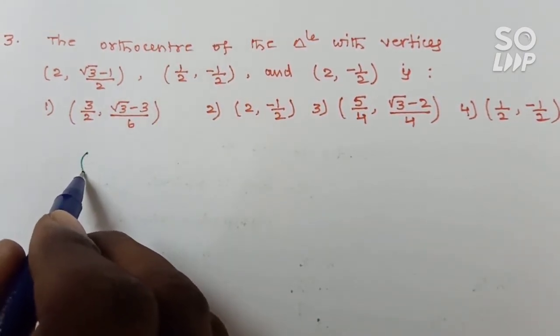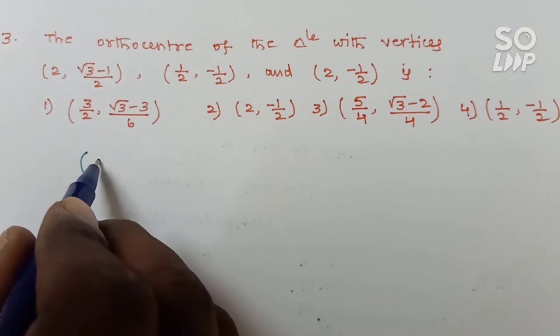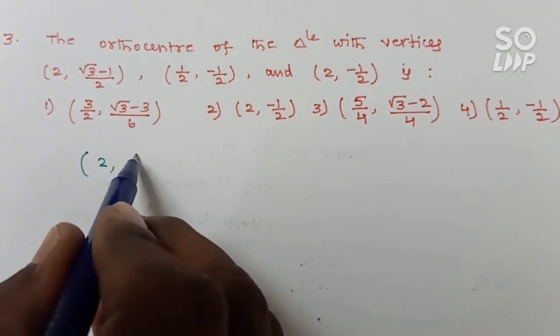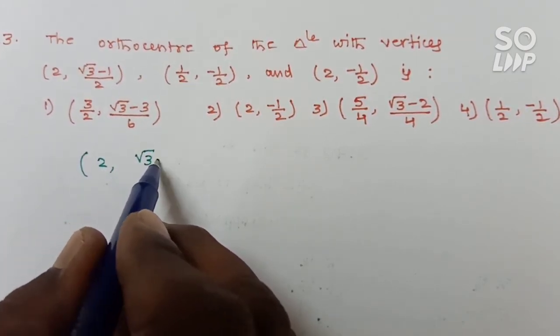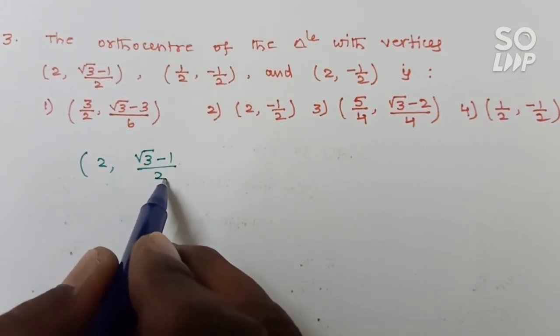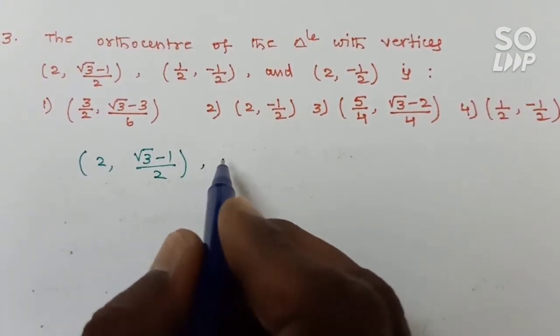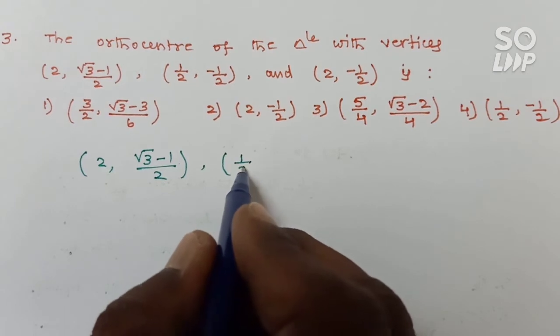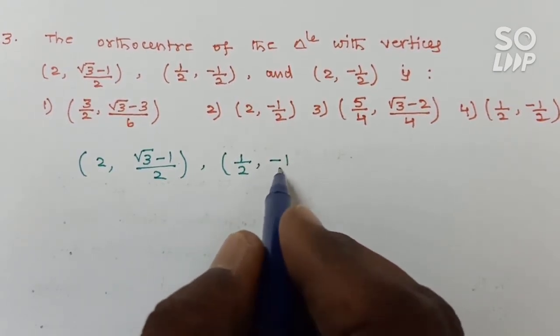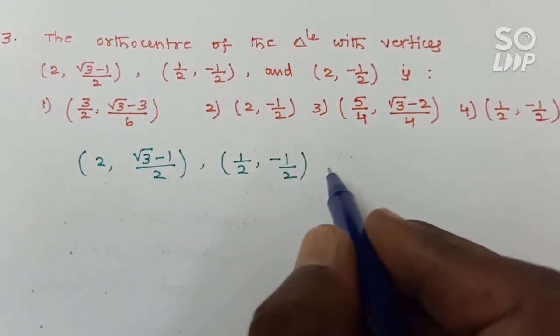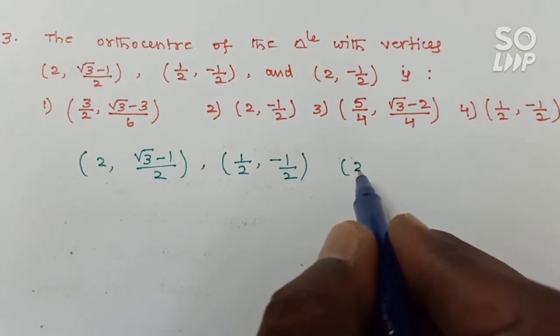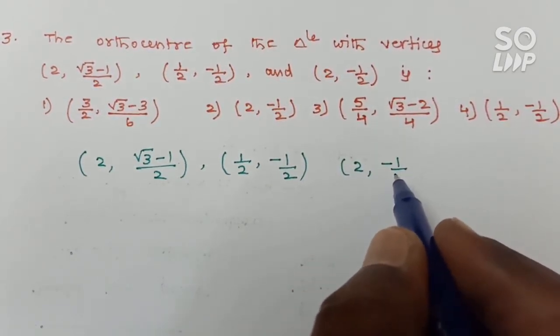So first, what are the vertices of the triangle? 2 comma root 3 minus 1 whole divided by 2, this is one vertex. Comma 1 by 2 comma minus 1 by 2, this is the second vertex. And 2 comma minus 1 by 2.